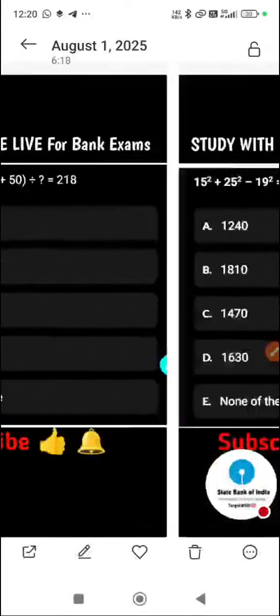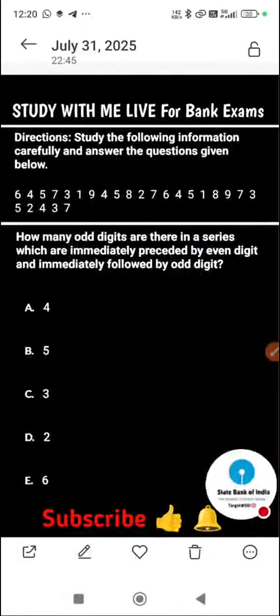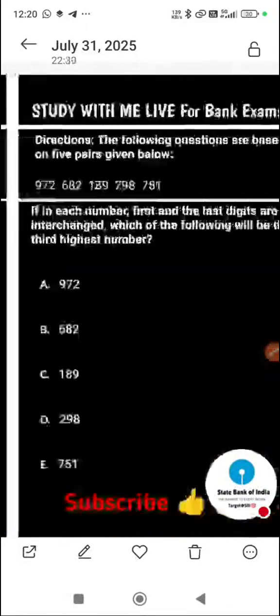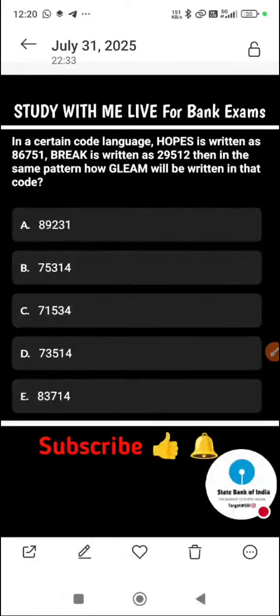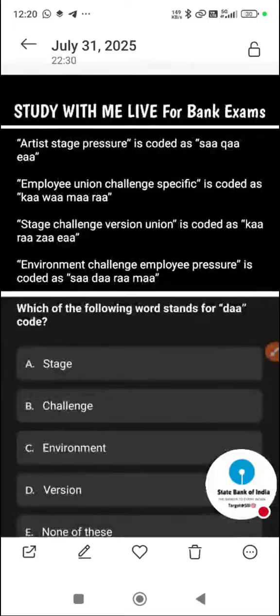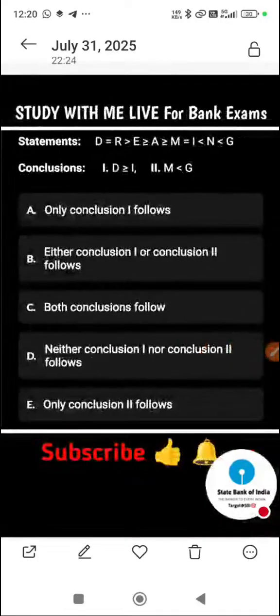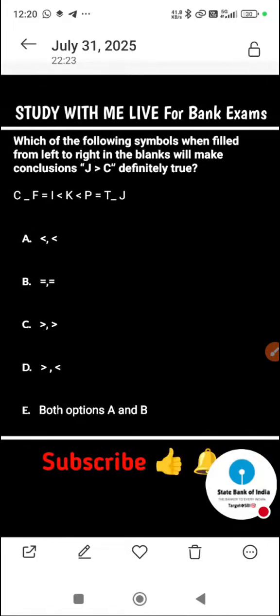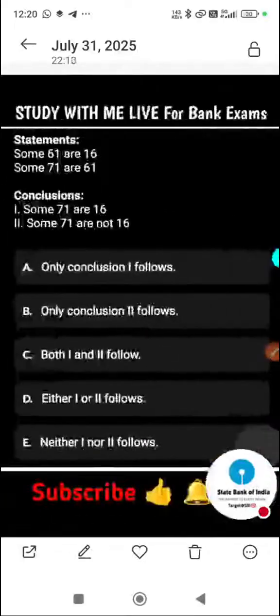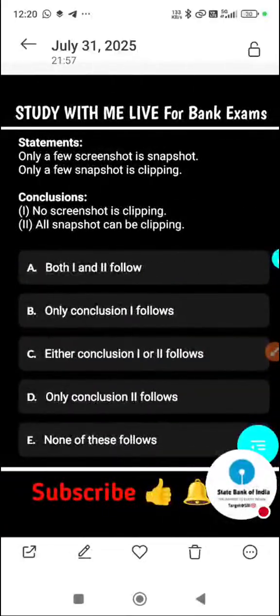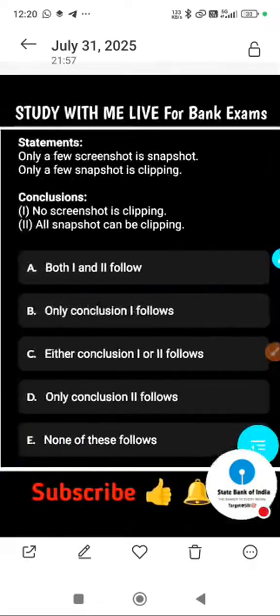Simplification questions, alphanumeric series, blood relations, coding and decoding. So this is a very big task we have completed today. Here we see inequalities, syllogisms. So these are the tasks we have completed.